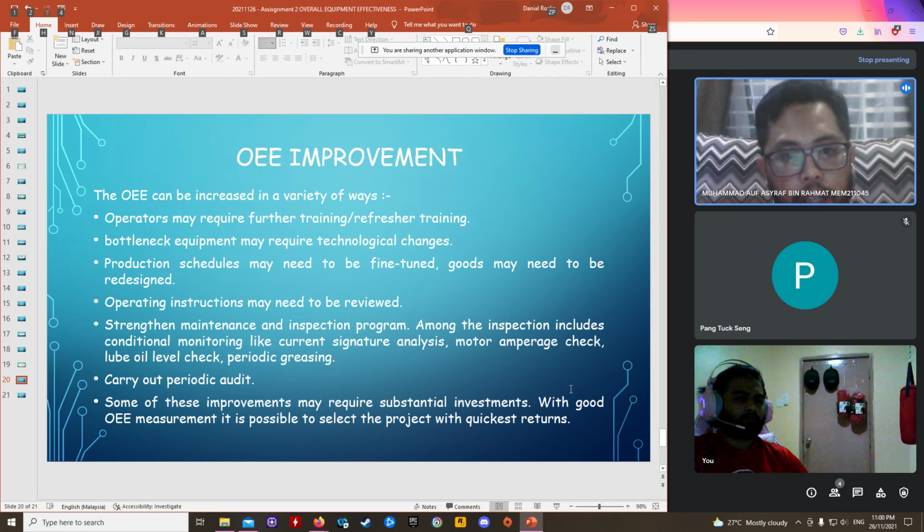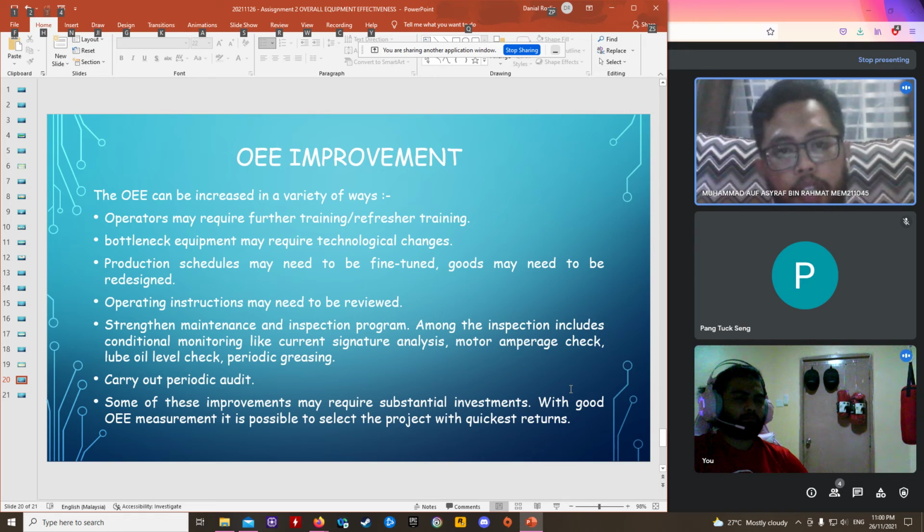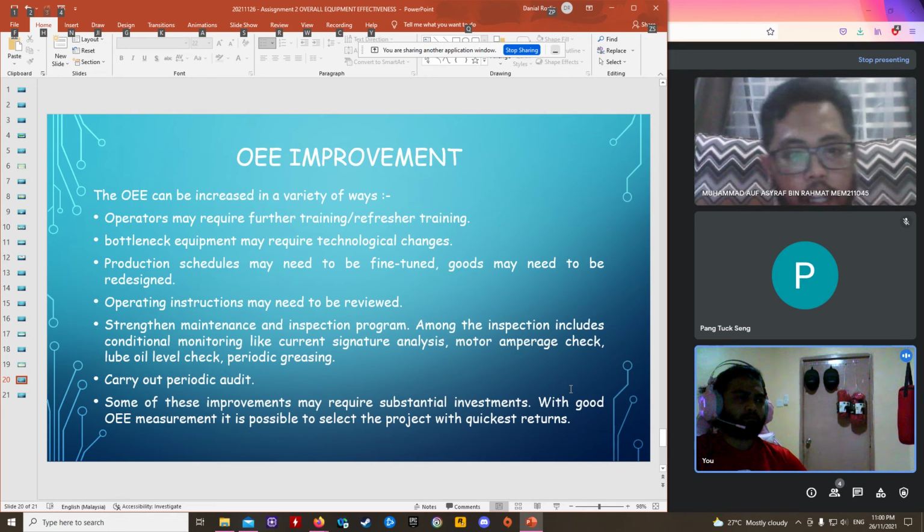Operating instructions may need to be reviewed, and the maintenance and inspection program strengthened. Among the inspections are condition monitoring, analysis, motor impedance check, lube oil check, and so on. Carry out a periodic audit, and some of these improvements may require some investment. With good investment, OEE can be implemented and improved.